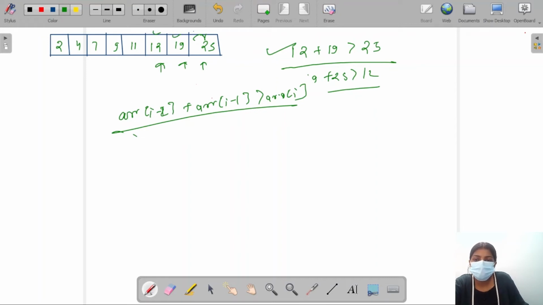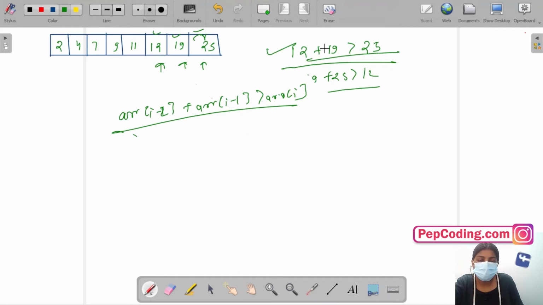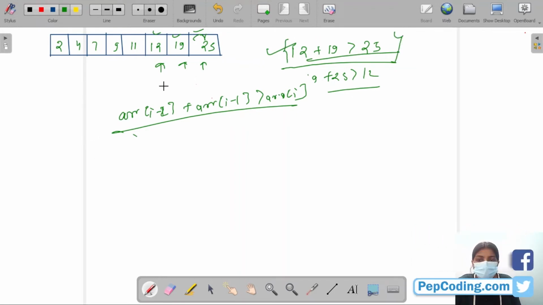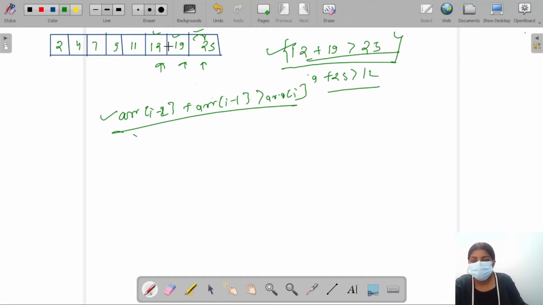If this condition is true, that is it. This condition says yes, these three sides form a triangle, that is, the sum of any two sides is greater than the third side, that is the largest side. So these three sides are going to give me the largest perimeter, because these three sides are the largest sides, right? So I don't have to check for any combination here further.